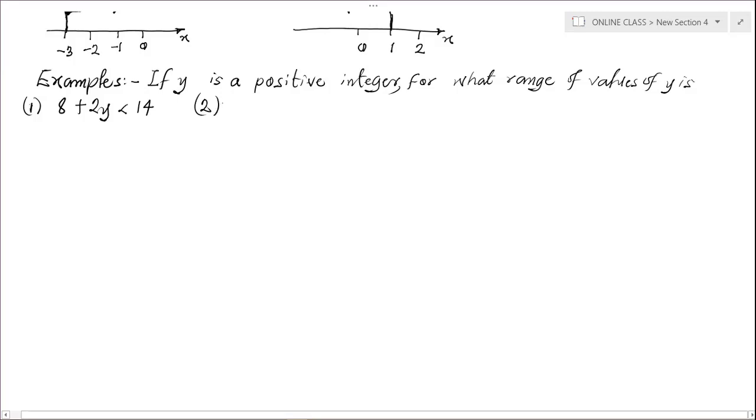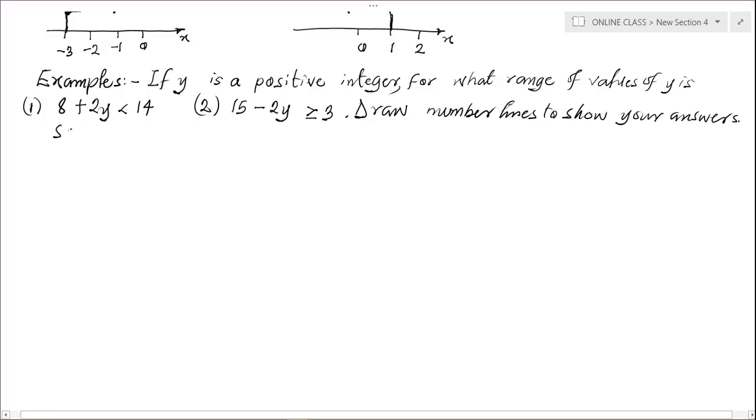Number 2, 15 minus 2y is greater than 3. Then the question ends: draw number lines to show your answers.